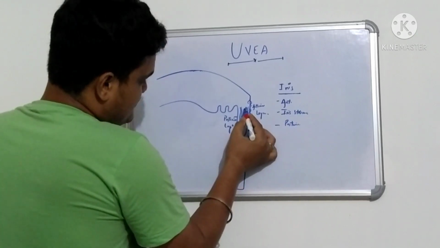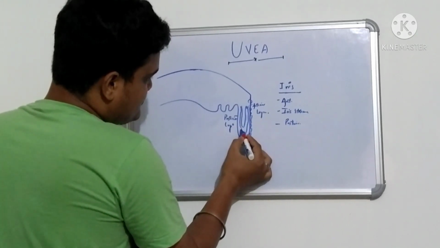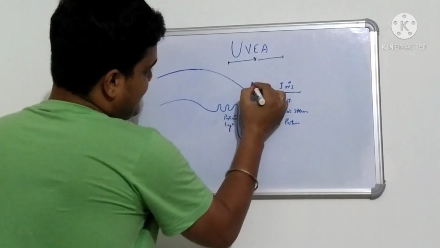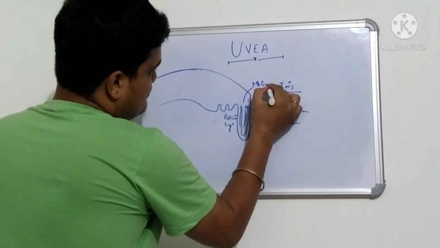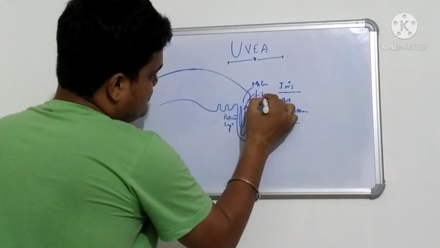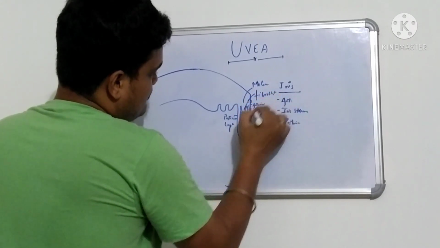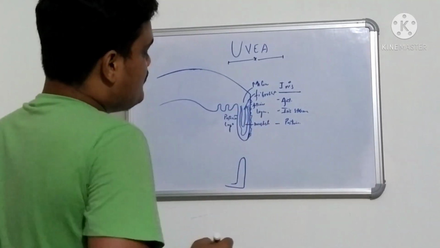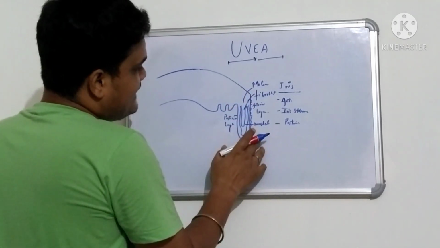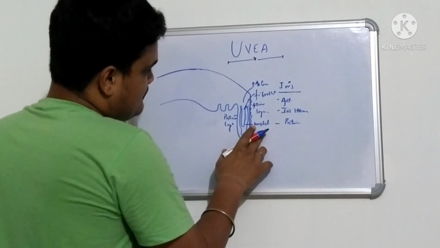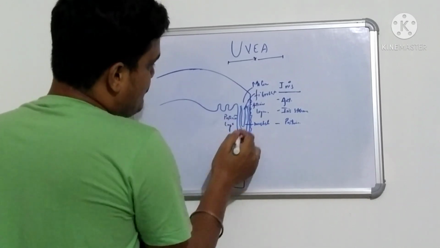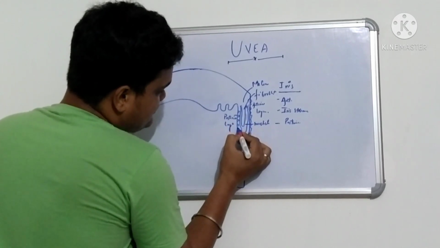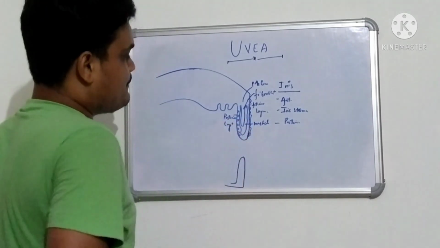The iris stroma is in between the posterior and the anterior layer, and it consists of melanocytes, fibroblasts and mast cells. These are present just connected with the iris stroma.